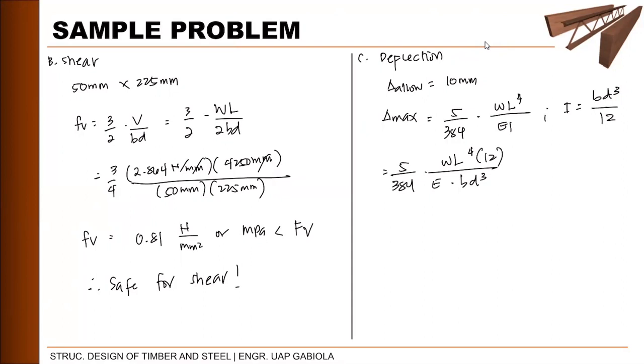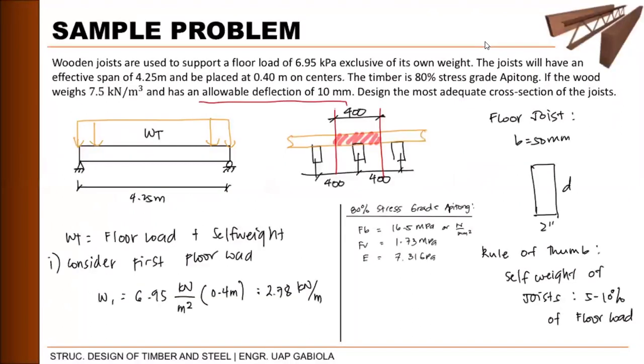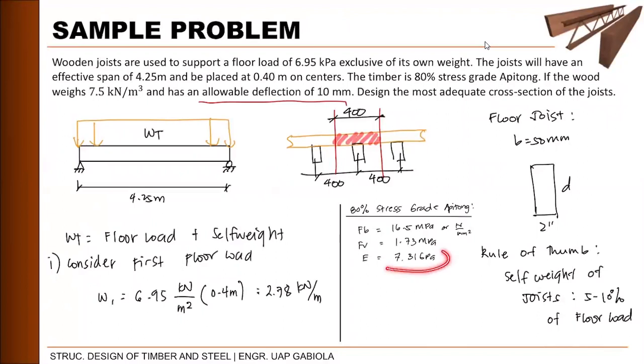Okay? So substitute natin yung mga values. 5/384 multiplied by W, which is 2.864 Newton per mm, times length na 4,250 mm to the fourth, times 12 all over the value of E based from our property is 7.31 gigapascal. So multiply natin ng 1,000 para maging megapascal.